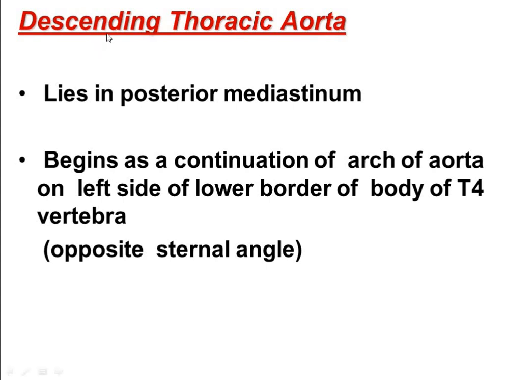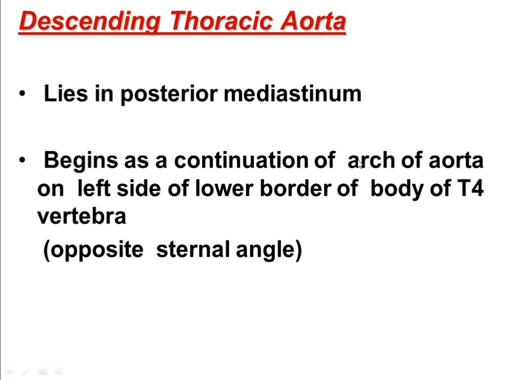Now, the arch of aorta continues as descending thoracic aorta at the level of left second costal cartilage. That is just between T4 and T5. And the descending thoracic aorta is lying in the posterior mediastinum.